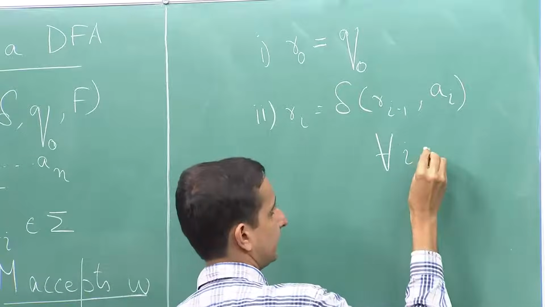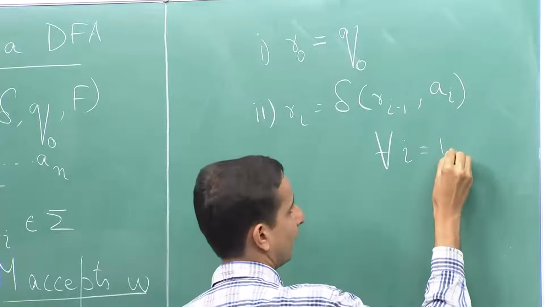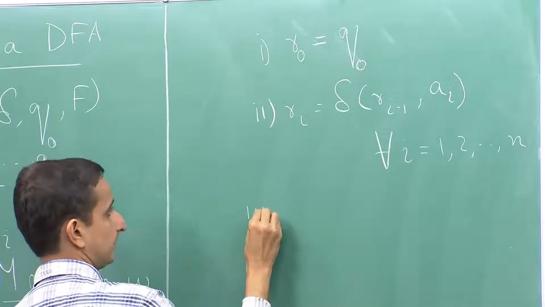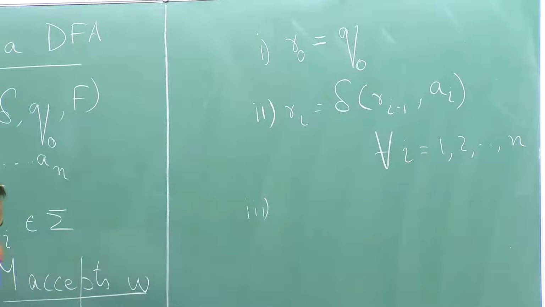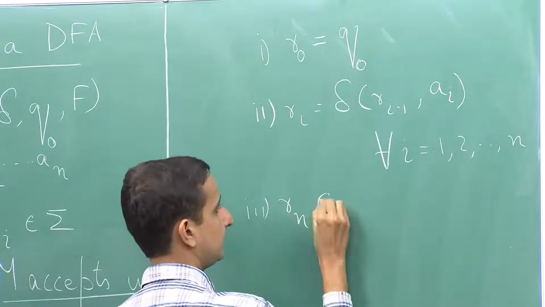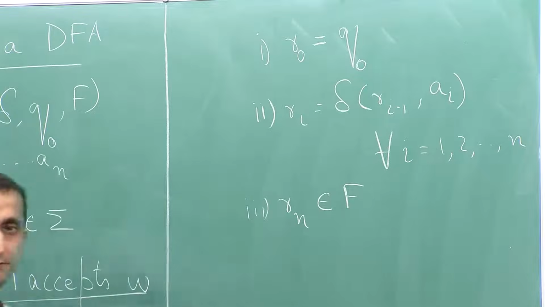for all i equal to 1 up to n, and the third is the acceptance condition, that is Rn belongs to F. Okay.